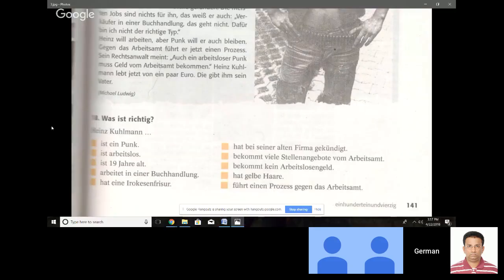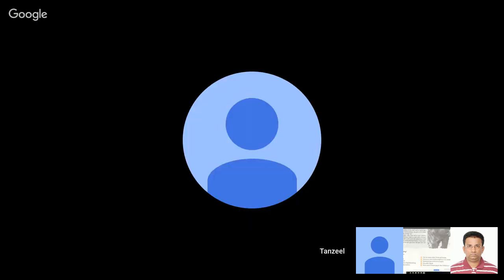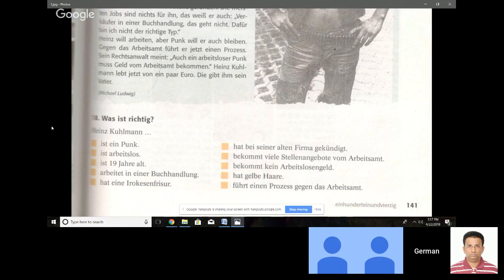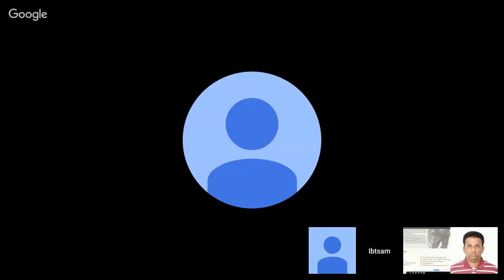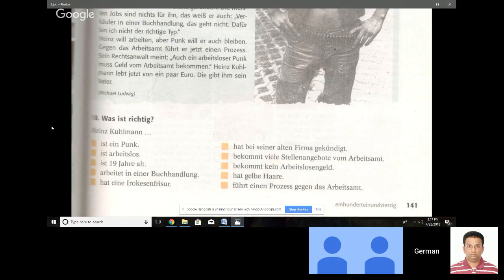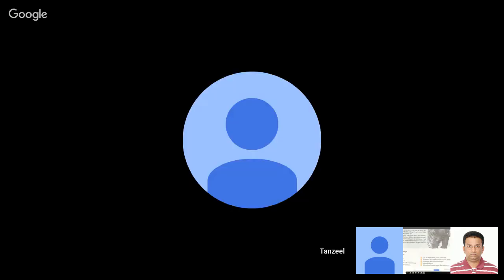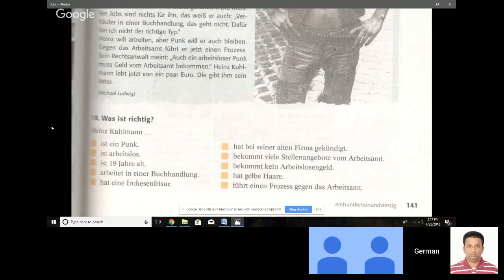Richtig. Hat bei seiner alten Firma gekündigt? Richtig. Bekommt viele Stellenangebote vom Arbeitsamt? Falsch. Bekommt kein Arbeitslosengeld? Richtig. Hat gelbe Haare? Falsch. Führt einen Prozess gegen das Arbeitsamt? Richtig.